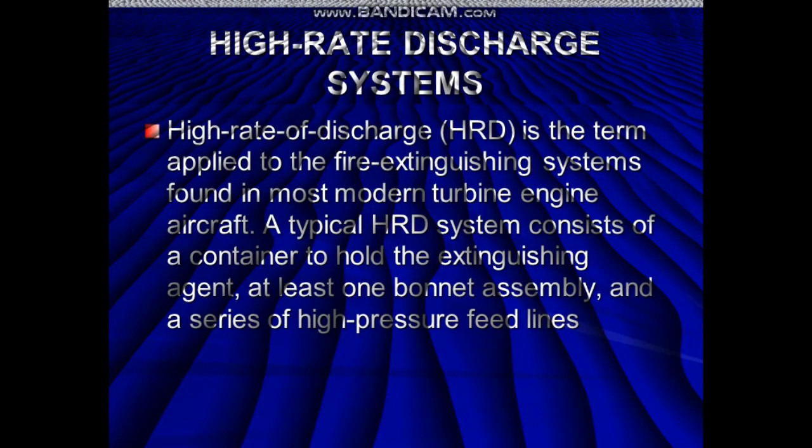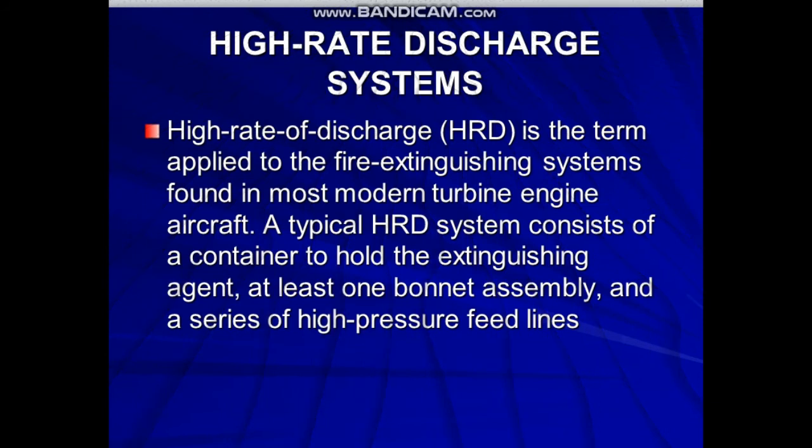The second type of the fixed fire extinguishing system is the high rate discharge system. The high rate of discharge is the term applied to the fire extinguishing systems found in most modern turbine engine aircraft.